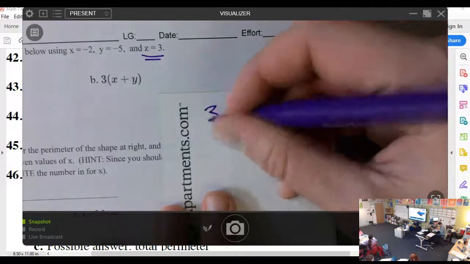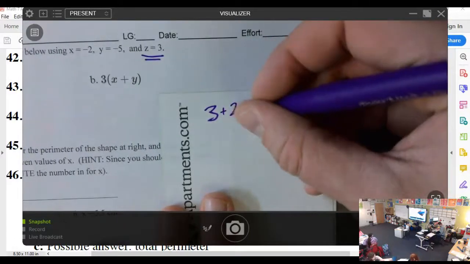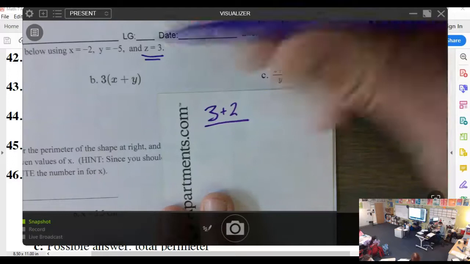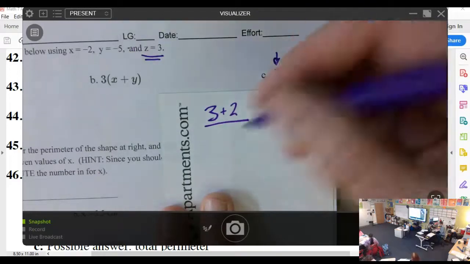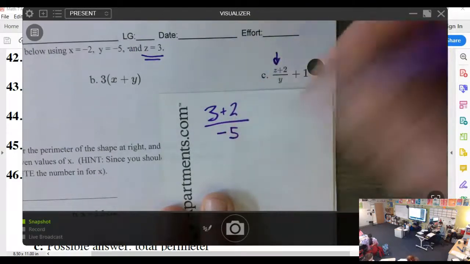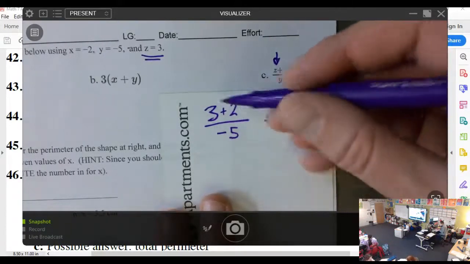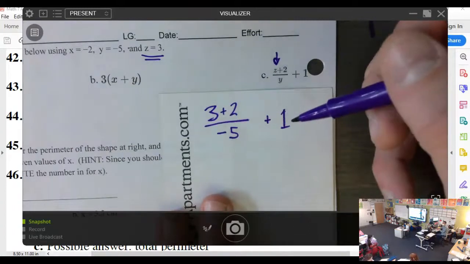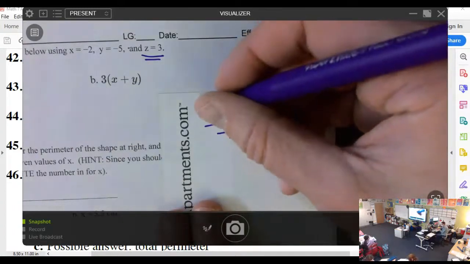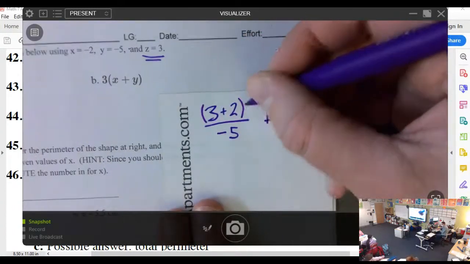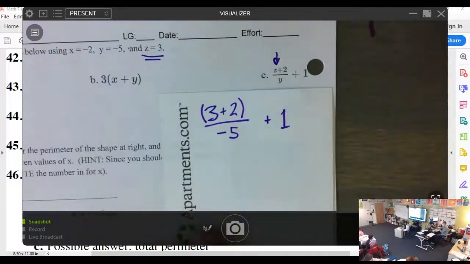So if I make z 3, it's now 3 plus 2, over y is -5, then plus 1. So I have to do this stuff first. This is what's confusing some people. This really is like we have parentheses on top.